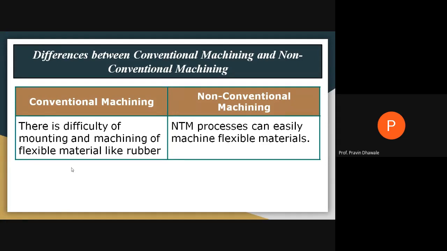But such materials can be easily machined by non-conventional machining like abrasive jet machining, ultrasonic machining, right? Like that. So this is another differentiating point between conventional and non-conventional. So read it.